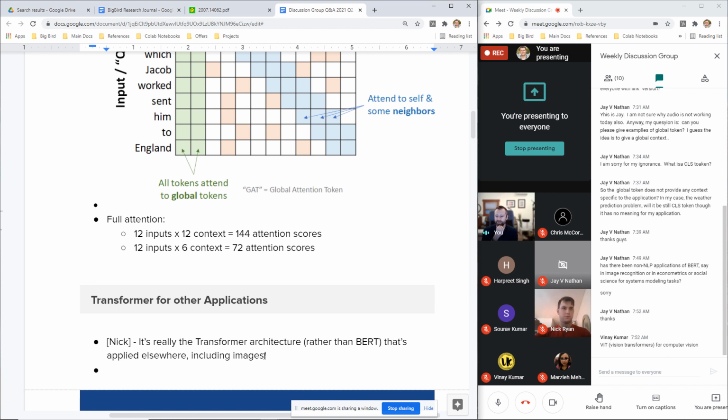But really they're just using the transformer architecture. So BERT is just a text-specific use of the transformer. Also, the original transformer had both an encoder and a decoder, so it could do sequence-to-sequence tasks, whereas BERT is just the encoder side.